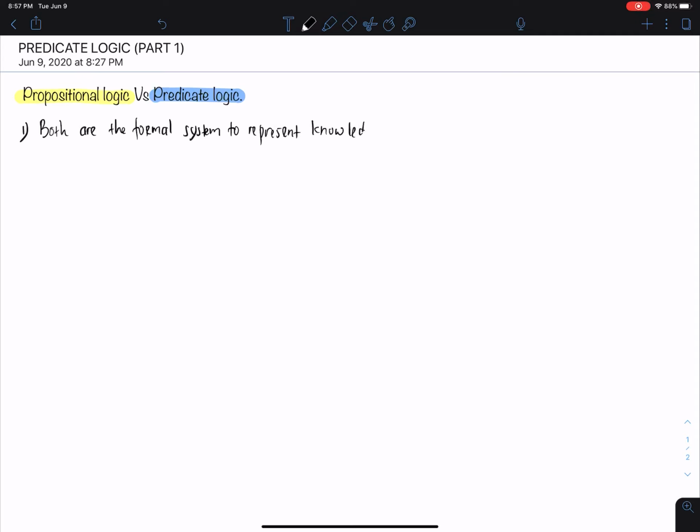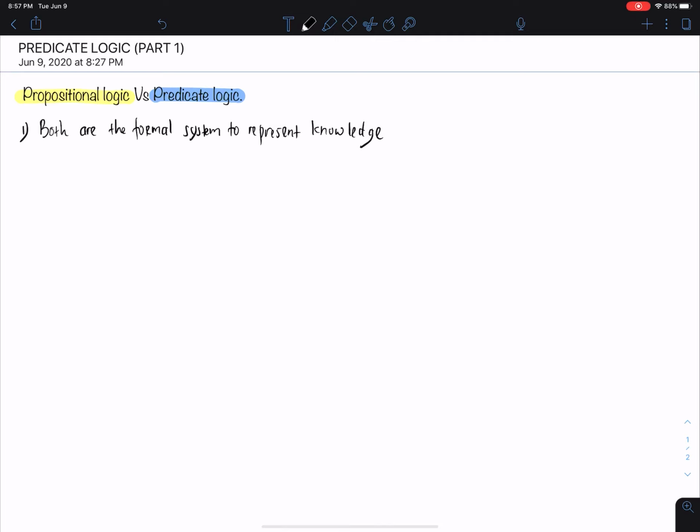So basically, these two are the same thing, or are considered as a system that we can use to represent knowledge. Just that if you notice how we made use of propositional logic in previous classes to represent facts, we merely used a single alphabet to represent all the facts, with the logical connectives, and that's all.